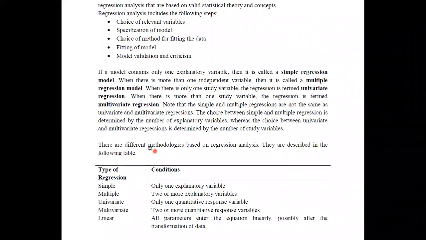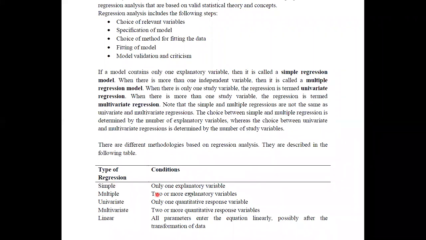In this table, we have the several types of regressions that we can use and the conditions which should be satisfied. If it is a simple regression, then these conditions should be satisfied. If there is only one explanatory variable, it means only one x variable, then you can go for simple regression.